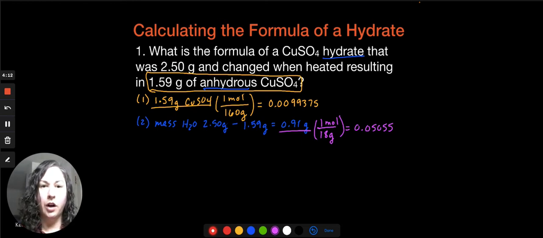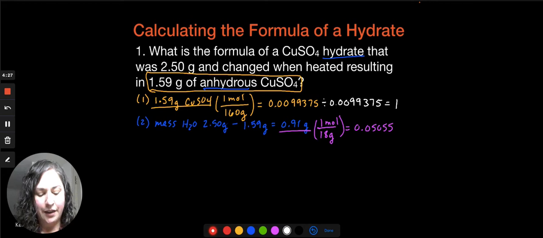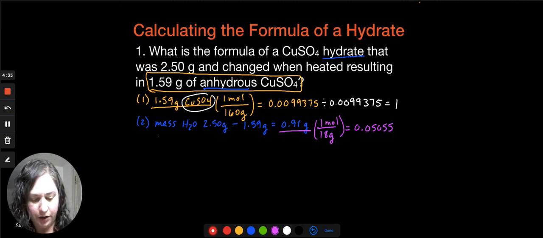Now, those are our 2 moles. We're going to divide by the smallest number, which is obviously going to be the top one. Okay. So if I divide this by itself, 0.0099375, I get 1. Okay, and that's 1 of the copper sulfate, so we're only going to have 1 of the ionic compound. Now let's go ahead, I'm going to move this number down, so we have our 0.05055 moles of water.